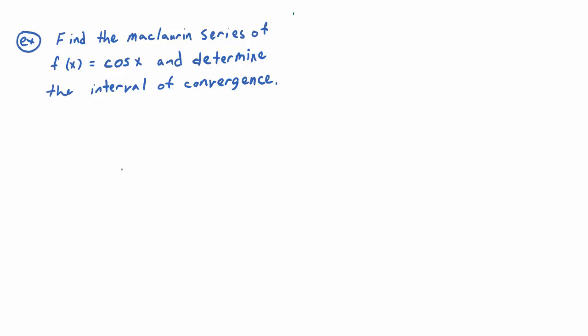I haven't written it out. So a generalized power series centered at a would be the sum n equals 0 to infinity, the nth derivative evaluated at a, divided by n factorial, times x minus a to the n. For a Maclaurin series, a equals 0.